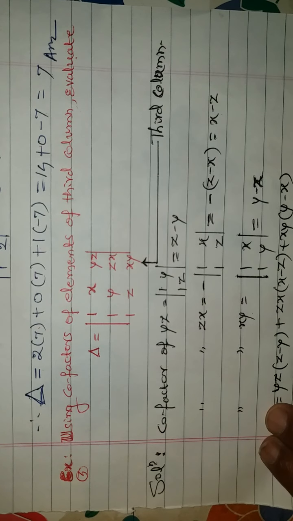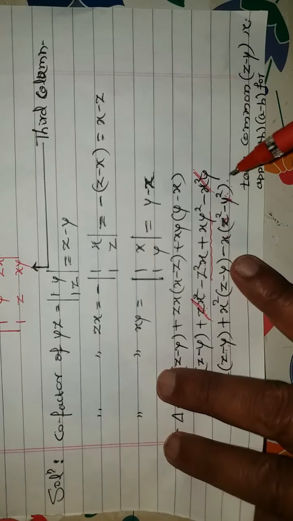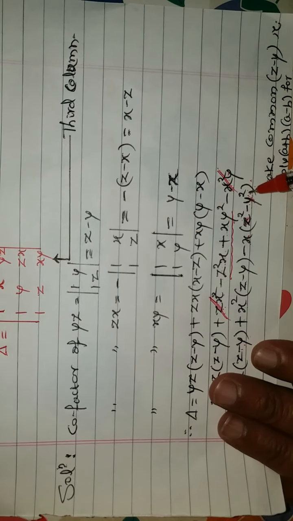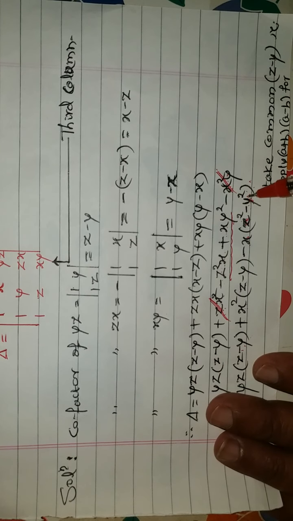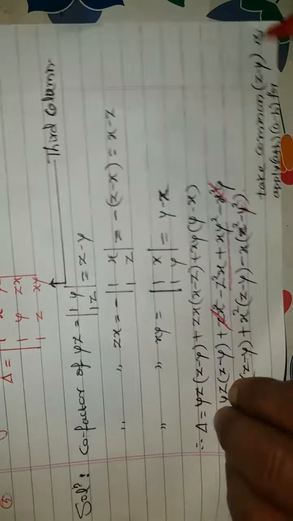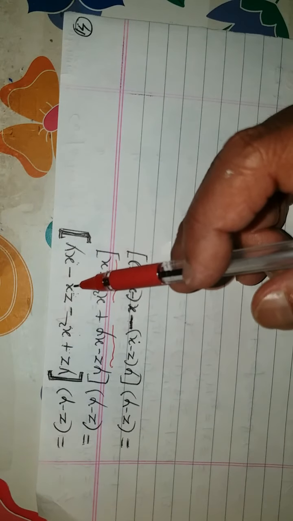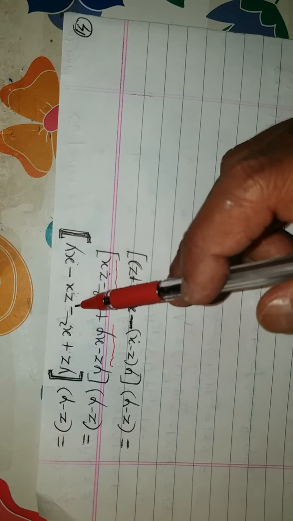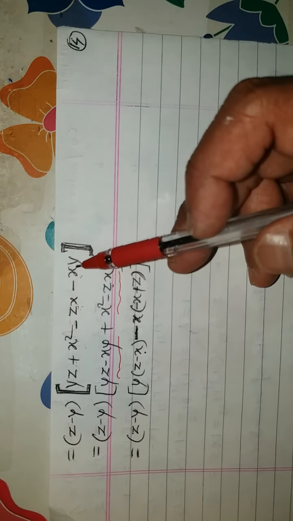Then here, with z minus y as a common, the next term is minus x into z plus y. You understand here. Minus x into z plus y is in this bracket, so multiply by x: minus x into z is minus zx, then minus x into y is minus xy.